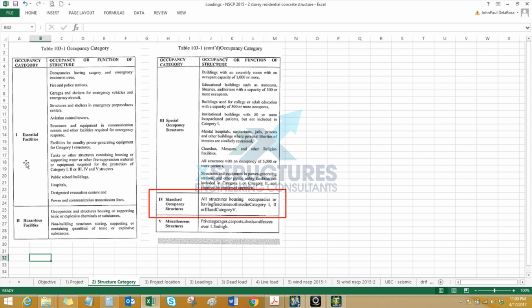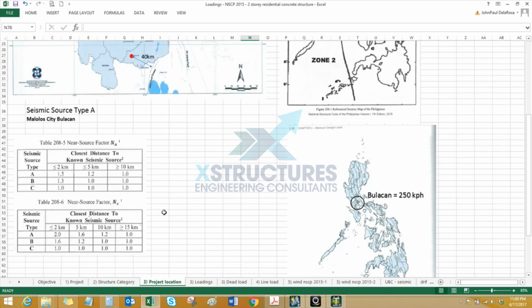Okay, so 1 is essential facilities, 2 is hazardous facilities, and 3 is special occupancy structure. So for offices and residential, okay na itong occupancy category 4.